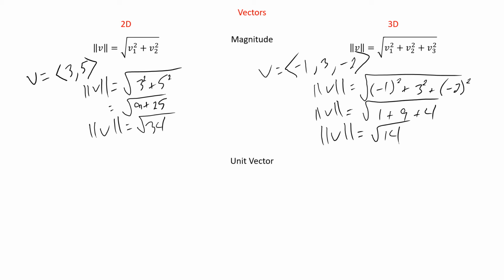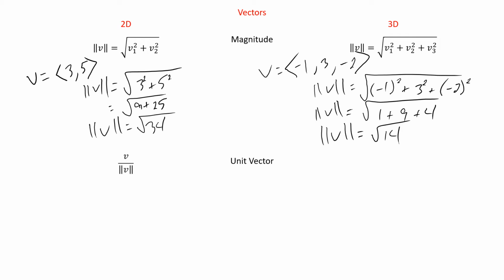Next piece, a unit vector. Not the unit vector form, as we saw on the last slide, but an actual unit vector, a vector of length 1 going in the direction of the vector that we have. In 2 dimensions, we just took the vector and divided by the magnitude.